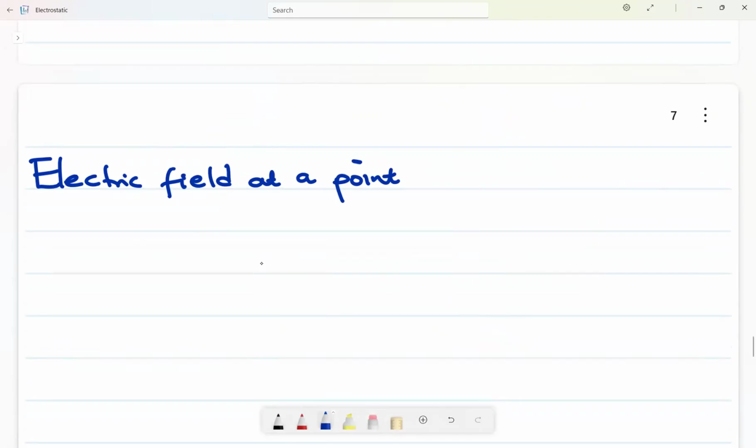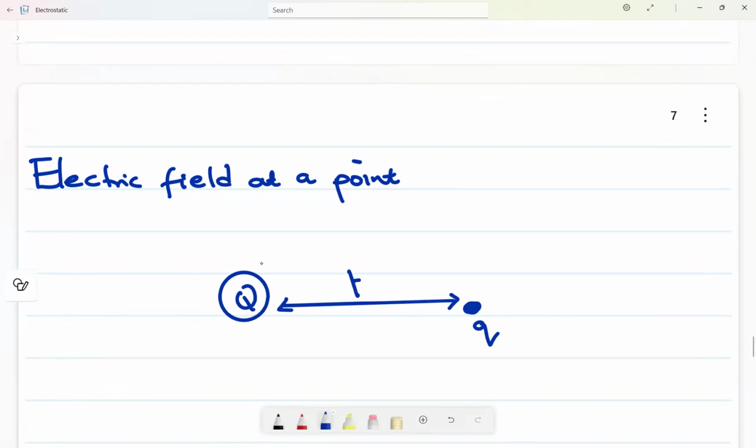So now if I have a charge Q here, and I have a positive point charge q like that, there will be a force between these two.